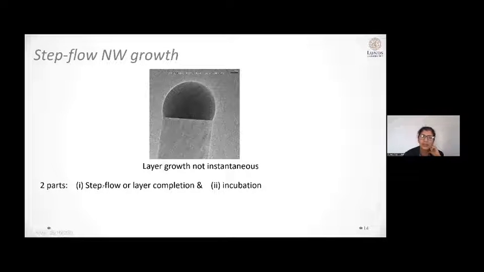One is called the layer completion or the step flow time, which is basically the time from the start of a layer to the ending of a layer. The next one is called the incubation time, or you can just call it the waiting time, which is once a layer is formed, how much time does it take for the new layer to start? At least we call it the incubation time.